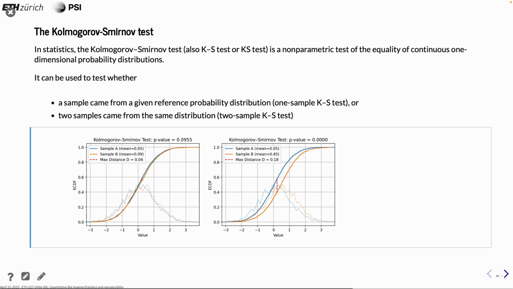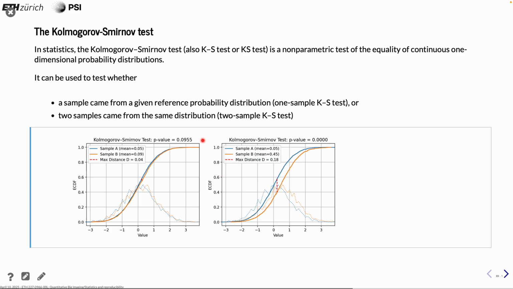The principle of this test is that you compute the cumulative distribution, or the cumulative histogram, of the data, and then you measure the largest difference between the height of these two histograms. And that is the distance that is used to compute a p-value.